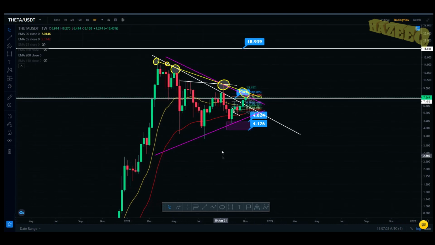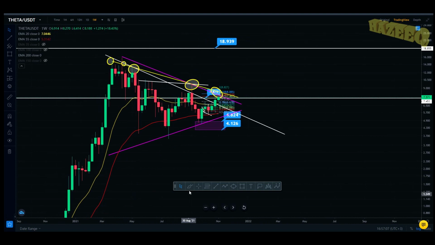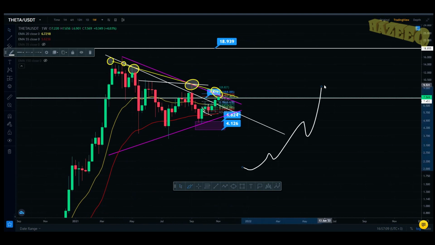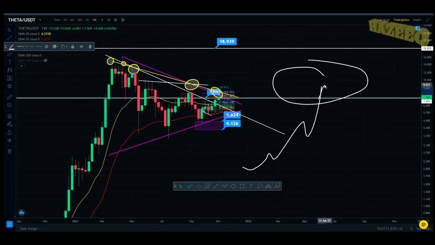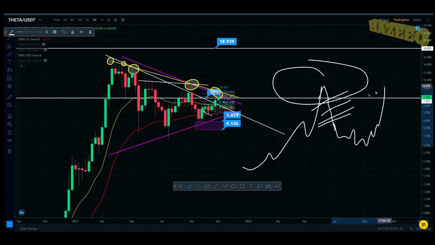Now, what ends up happening sometimes as well, and what happened in the last bull market, is that when Bitcoin got to its top, it had the blow off top, and for the next couple of weeks, when Bitcoin was going down, the liquidity was flowing into altcoins, and that was the massive alt season that a lot of altcoins saw. So when Bitcoin was correcting or consolidating, the altcoin season started.